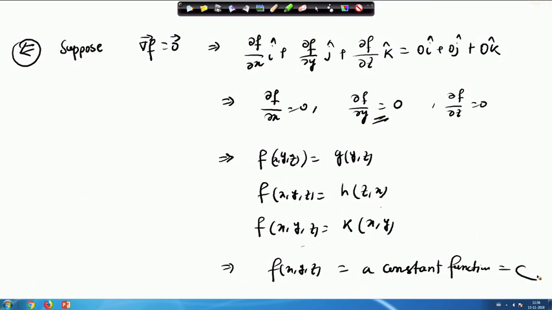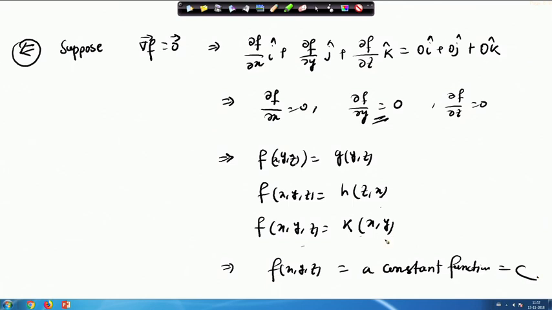So, f is a function of y, z, and of z, x, and of x, y. From the first equation, we can see that f is independent of x. From the second equation, we see that f is independent of y. From the third equation, we see that f is independent of z.